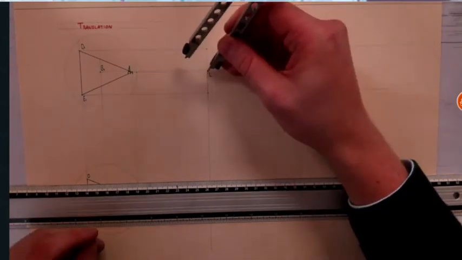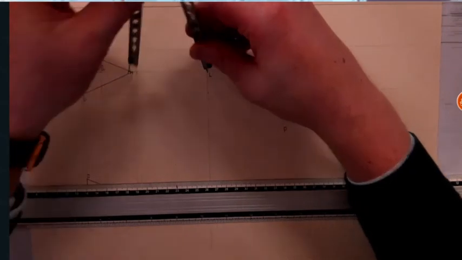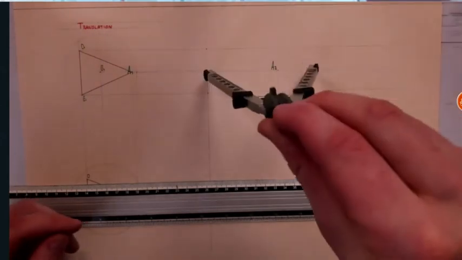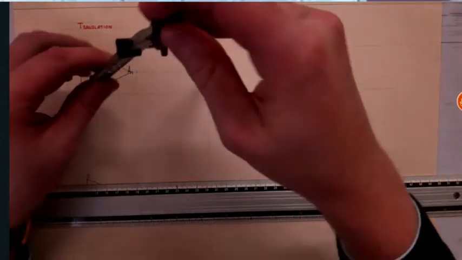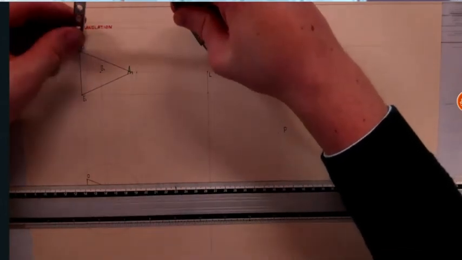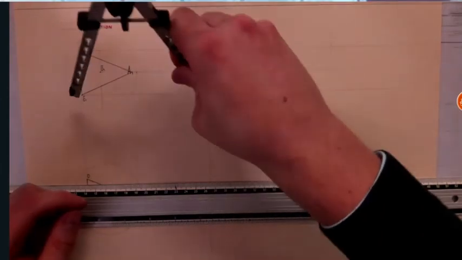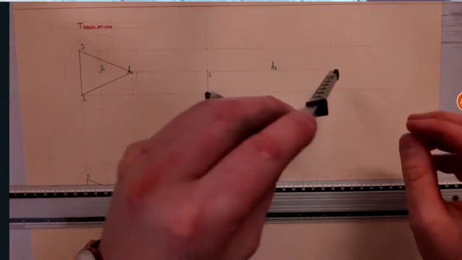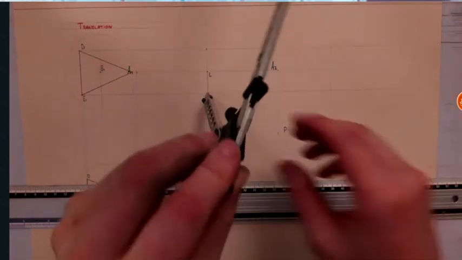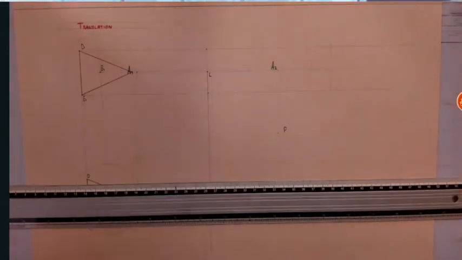So opening our compass from the axis, opening it up to point A1 and flipping it out to point A2, opening up to B1, flipping it out to B2, moving up here, opening our compass to D1, flipping it out here to D2, and then to this point here, E1 over to E2, and then the last one here, I don't have it labelled, but it is C1, flipping it out here, that's going to become C2.